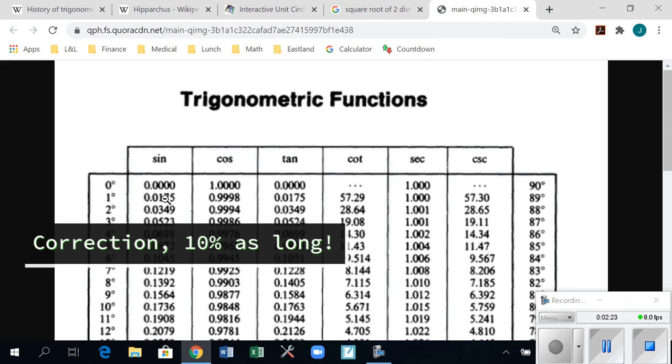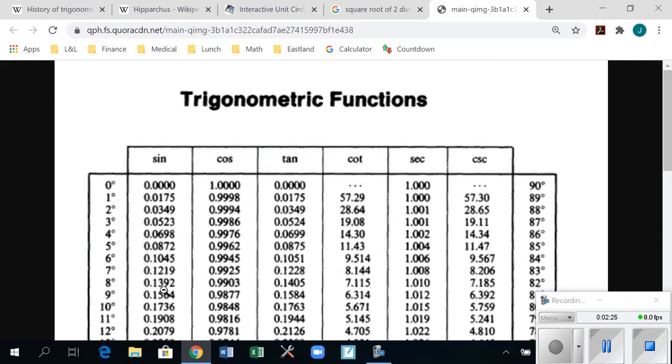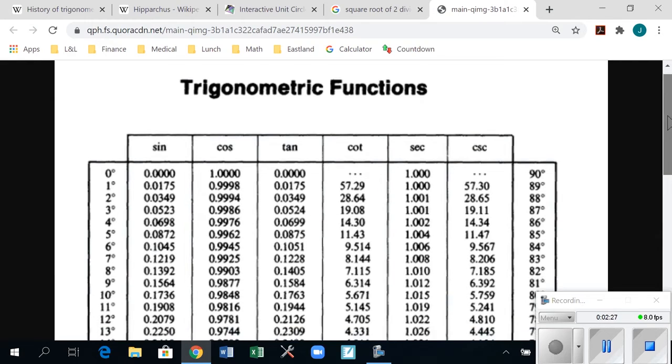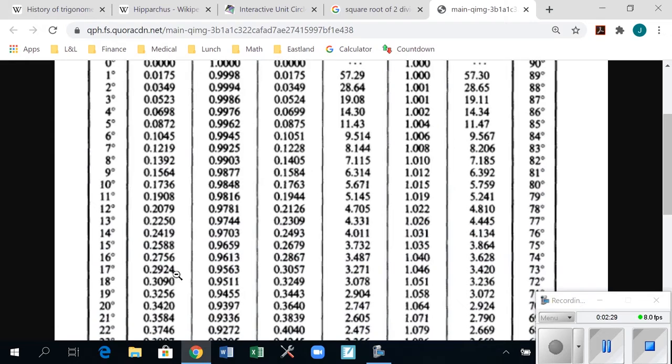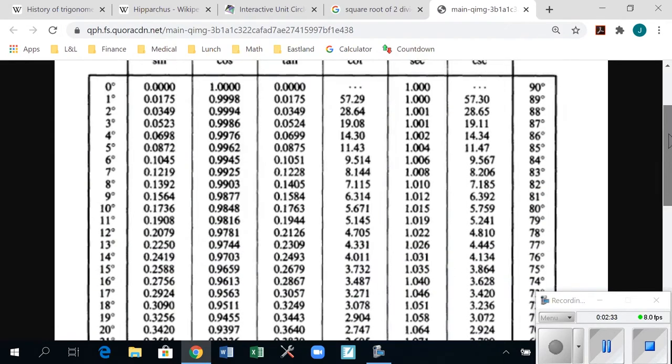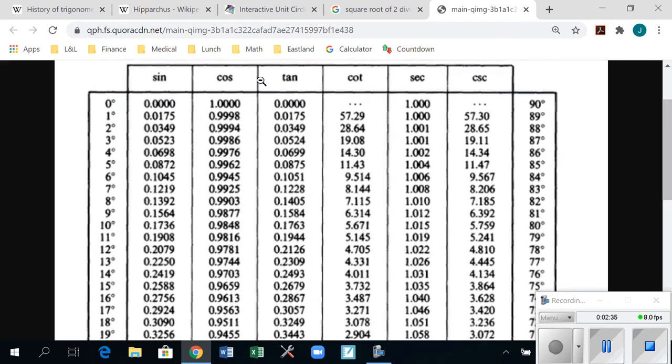And over the years, mathematicians started developing these tables that featured not just your major angles like 15 and 30 degrees, but using different calculations, they were able to find it all the way down to the nearest degree. What the length of the opposite leg is going to be as a percentage of the hypotenuse.